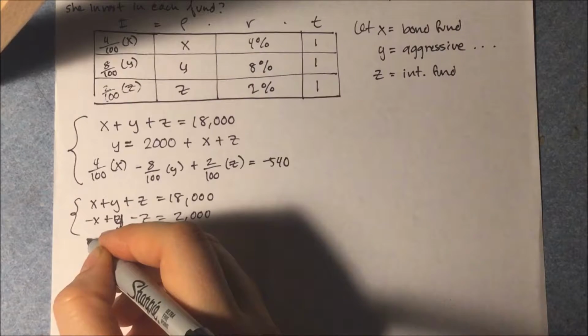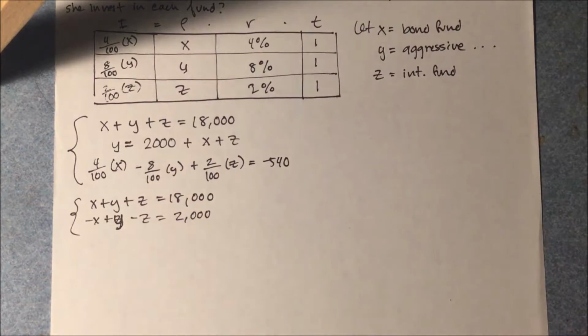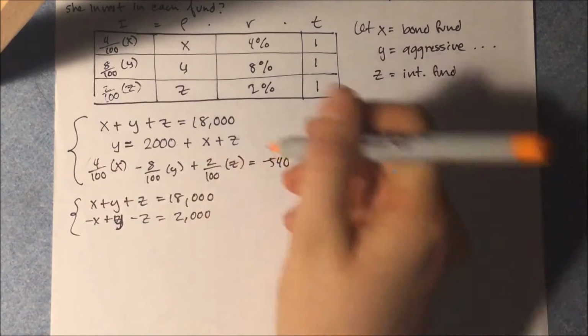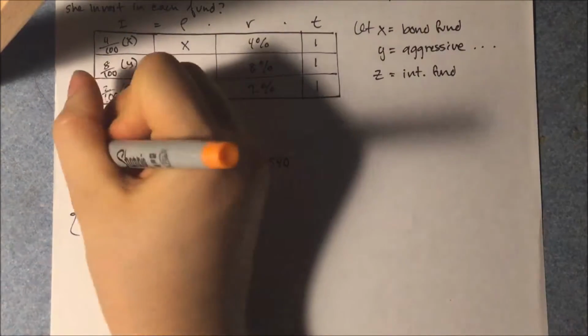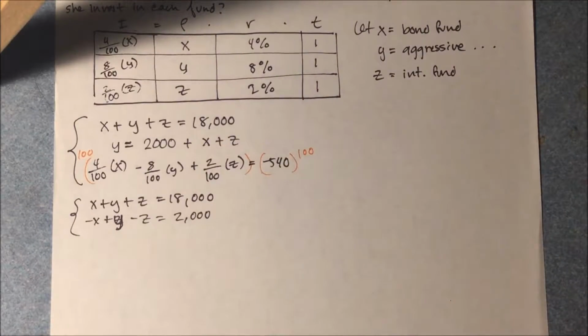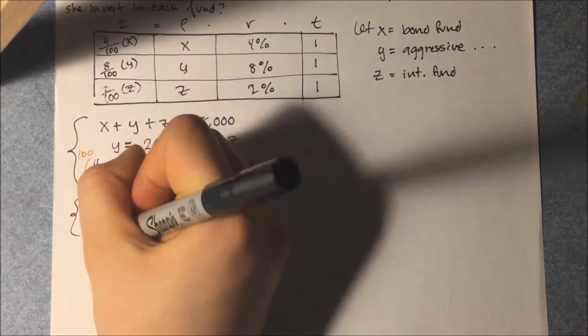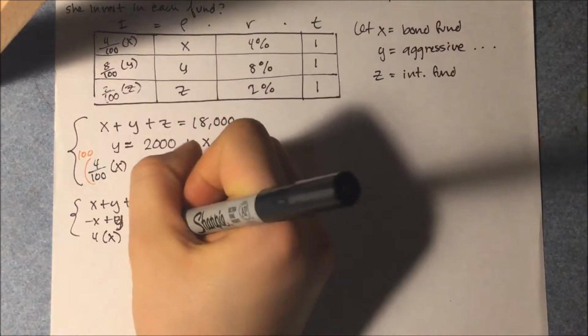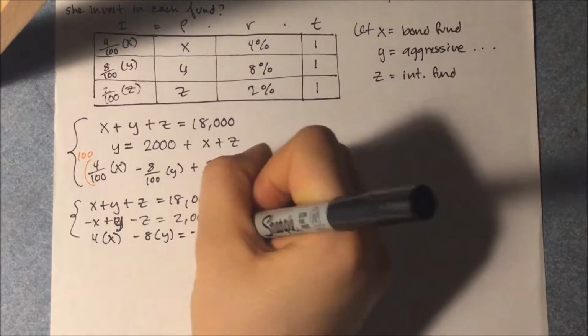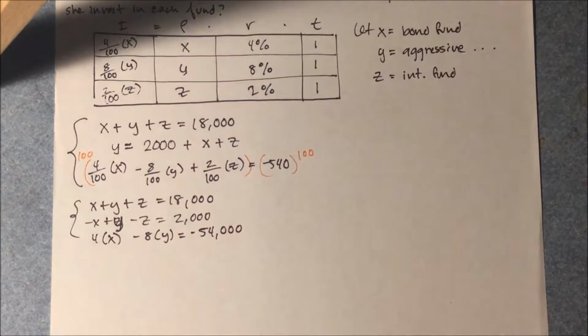And then I am going to simplify this to get rid of all those hundreds by multiplying both sides by 100. Okay, so doing that, I get 4x minus 8y equals negative 54,000.